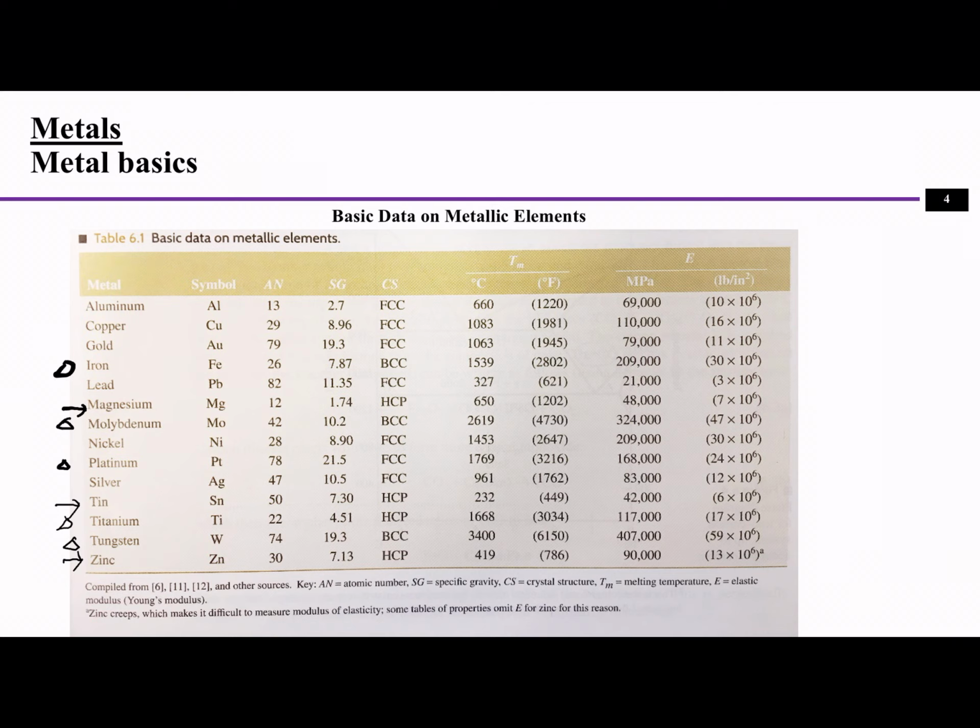So these metals, because they have higher melting temperature, you can use them in industrial environments where high temperature is required. For example, cutting tools, or some heat treatment facilities, or some equipment that is related to incineration or some other burning environments.